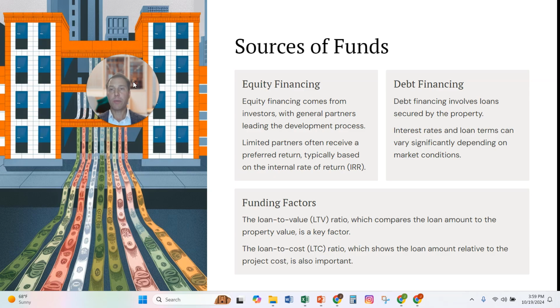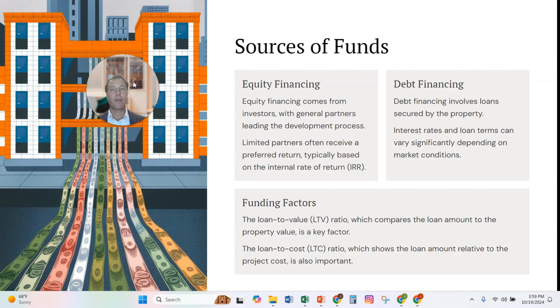You can also have general partners that you partner with, or limited liability partners, or limited partners. Partners are usually going to request a certain return, so in this course, we're going to review and study how different equity partners affect our capital structure and how they come into play in this.